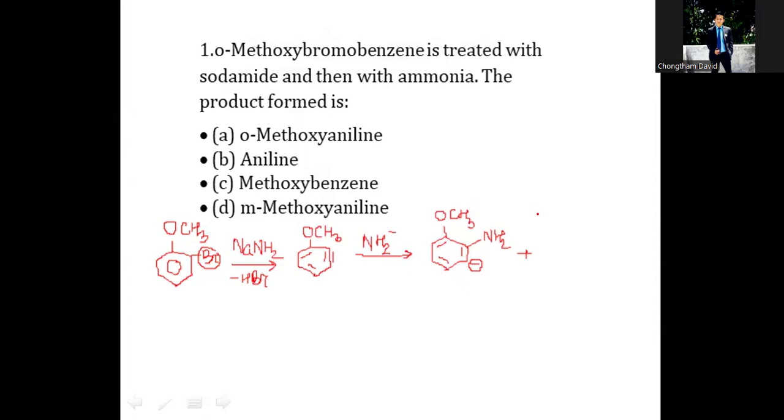And you know which is more stable? Methoxy, and the amide comes in the meta position. Due to resonance, the negative charge is localized on the ortho position.